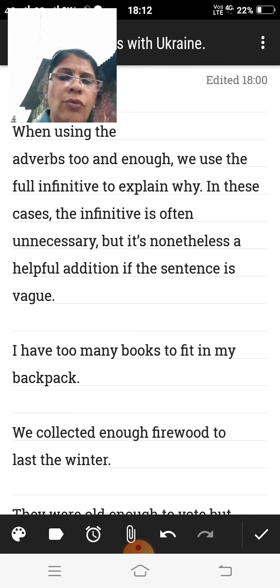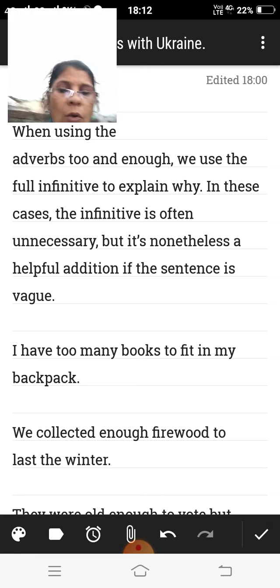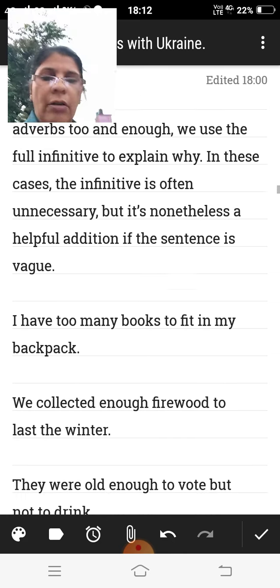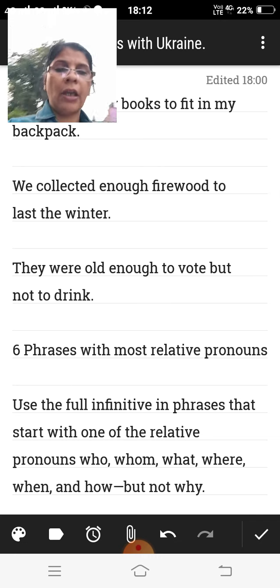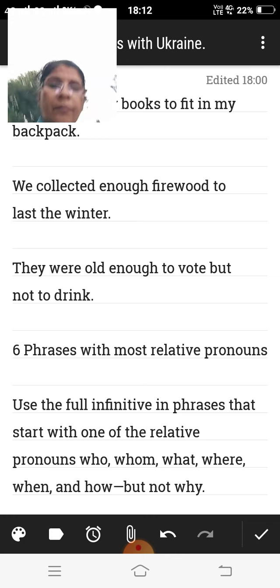I have too many books to fit in my backpack. We collected enough firewood to last the winter. They were old enough to vote but not to drink.